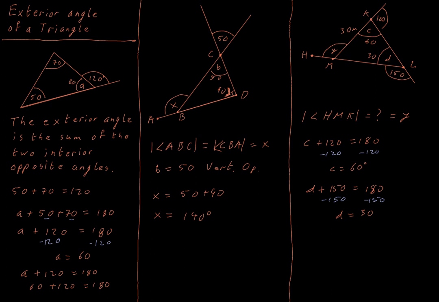I'm looking for this exterior angle y, and I have the two interior opposite angles. So if I just add these two together, I have to get my missing angle. So y must be equal to 60 plus 30, which is 90. And I can see that my diagram is definitely not very accurate. But that aside, I am able to find my missing value for y. And that's what we need for now.